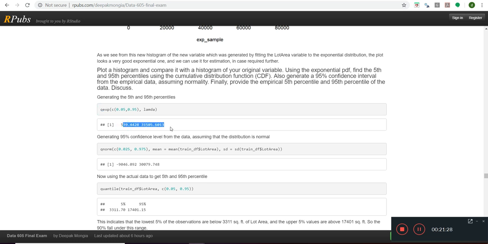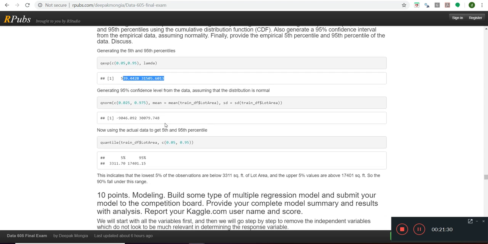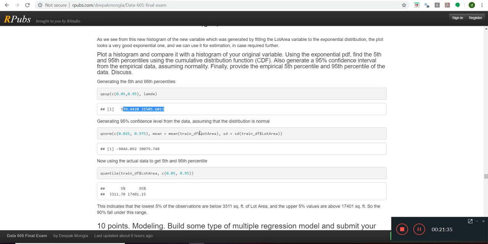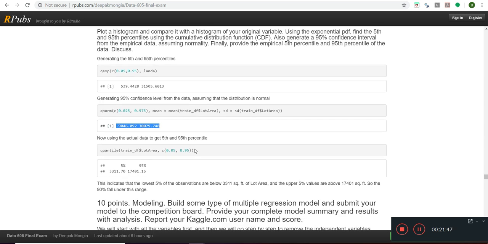These come out to be these values, and then we're generating the 95% confidence level assuming that the distribution is normal. So we'll use the qnorm function here, and it comes out to be lying between these ranges.